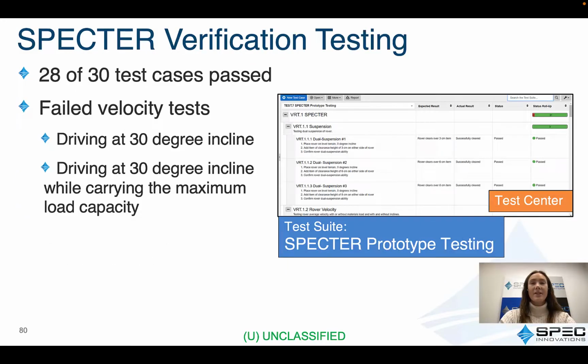The Spectre verification test suite was created to test the actual functionality of the fully assembled rover prototype. These test cases were used to verify Spectre meets the expected functionality requirements written during Task 1.